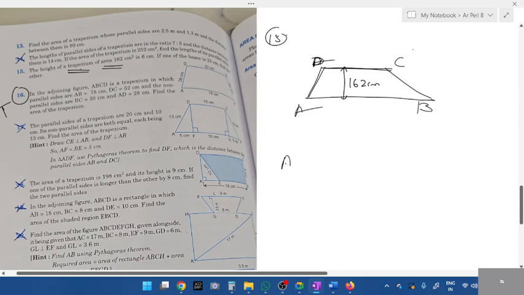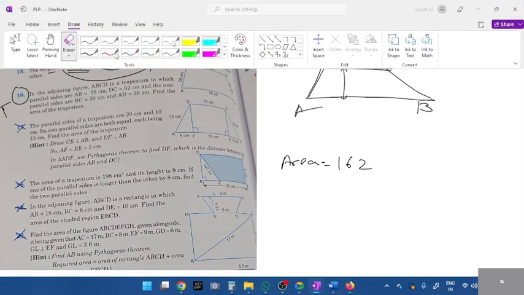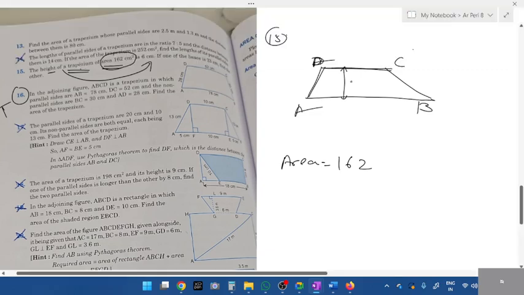What is the area value given? Area is 162. So the height of the trapezium is how much? The height of the trapezium is 6 centimeters. Okay, height will not be 162, that is too big. 6 centimeters. So area is given, height is given.